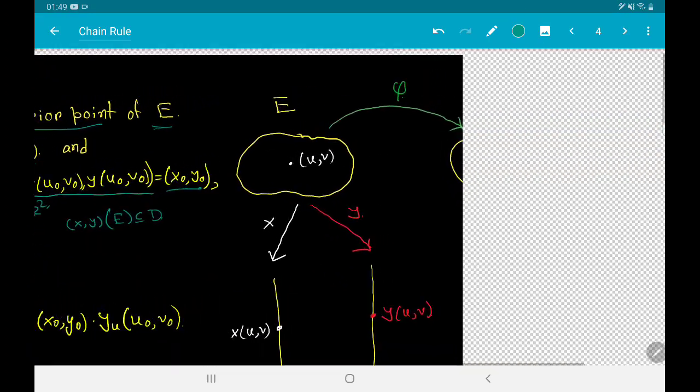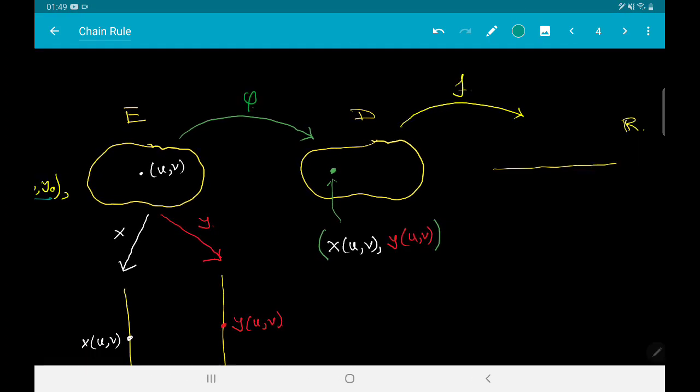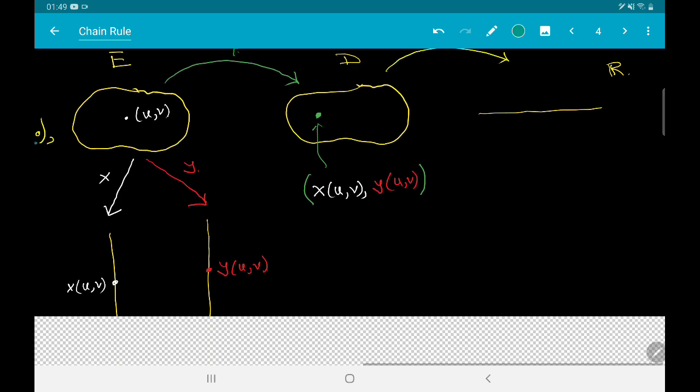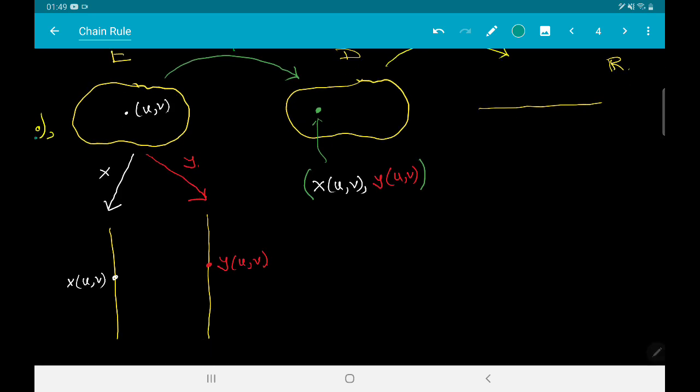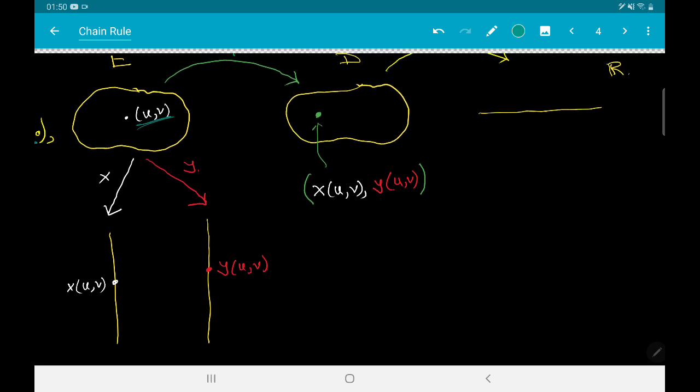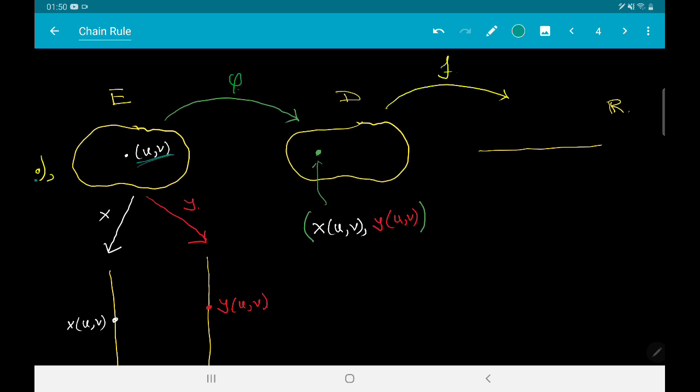Let me again try to illustrate this pictorially so that you will remember. I have E, and I have two real valued functions on E. I have one white map which I have called x, which takes a point (u, v) to x(u,v), a real number. I have a red map which is denoted by y. This takes a point (u, v) to y(u,v), so I can combine these together to get an element of R2.